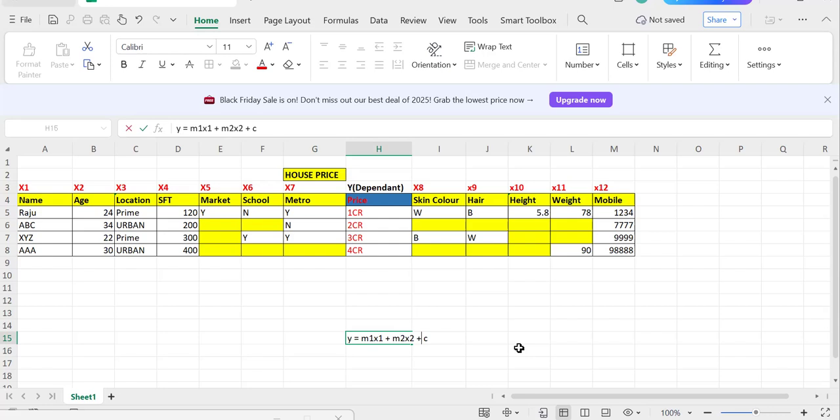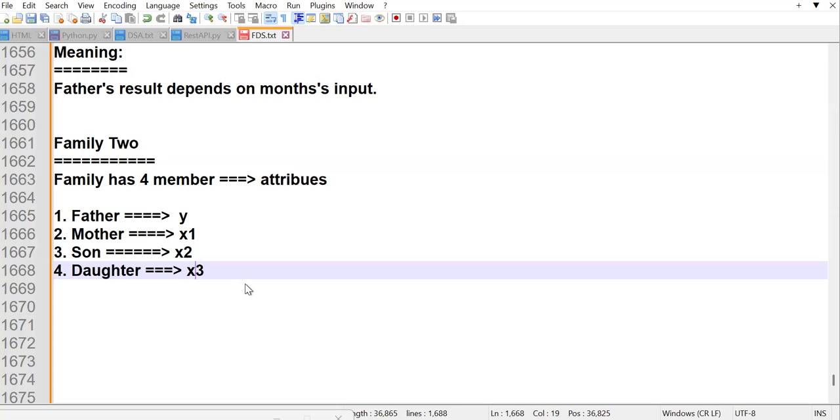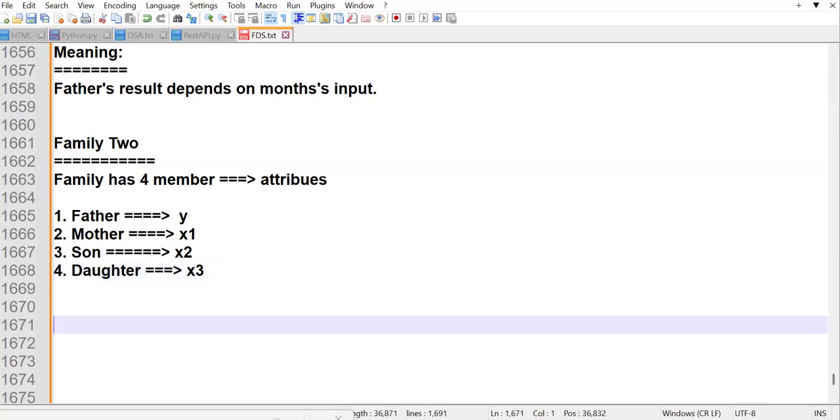When I say m1 and x1, multiplication is there in between. So for example, how will you create the math equation here?